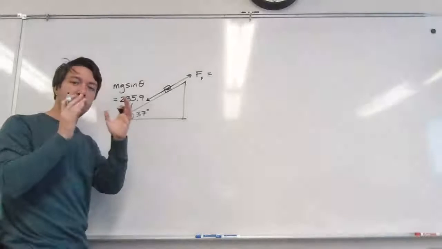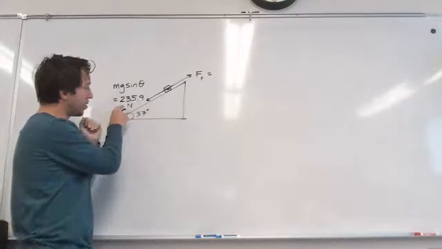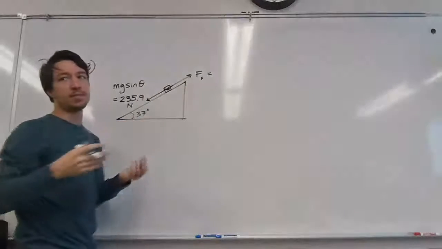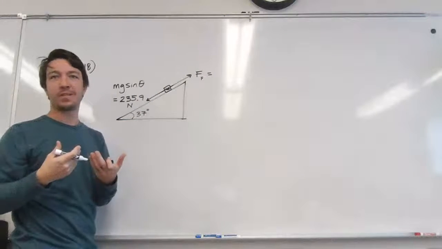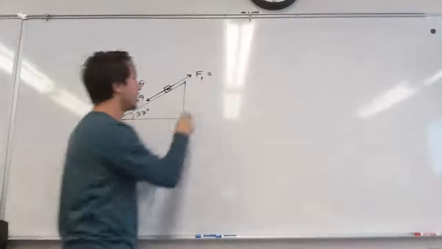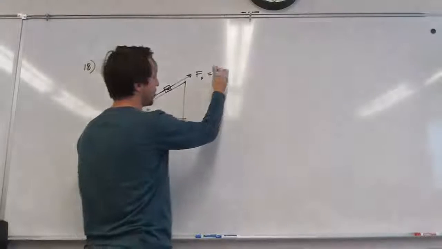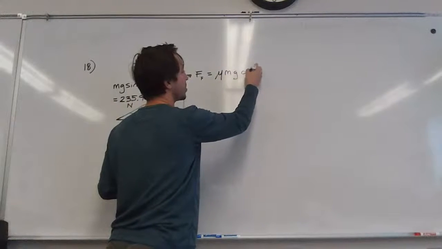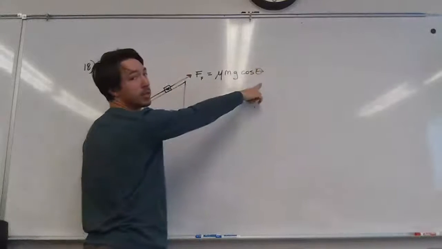Here's the idea. This is a critical moment, where this number just barely exceeded this number. So for all intents and purposes, I can set them equal. Technically, this number is slightly larger than this number, but we're just going to set them equal. So the friction force would be mu times the normal force, and the normal force is mg cosine theta.